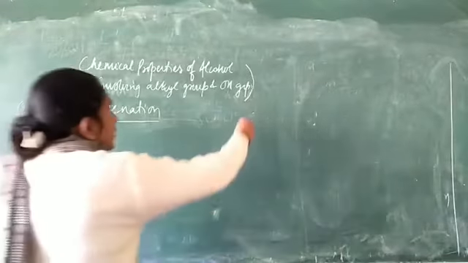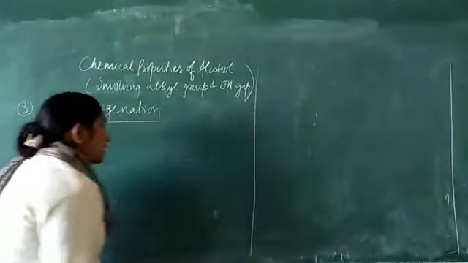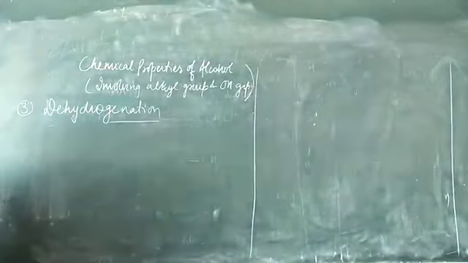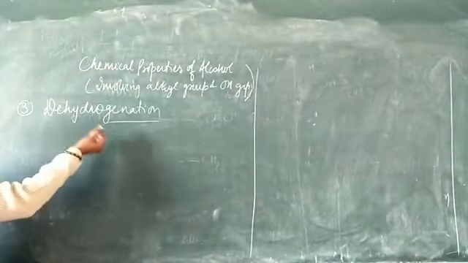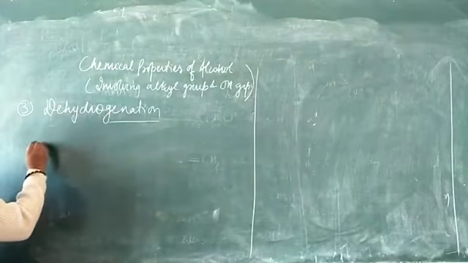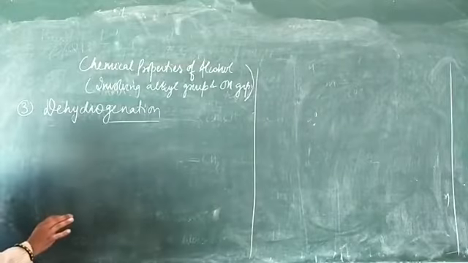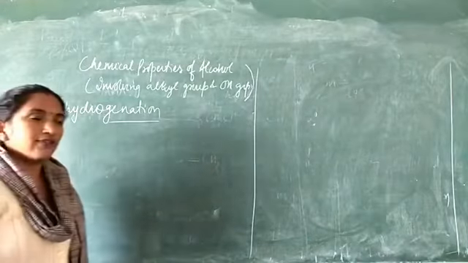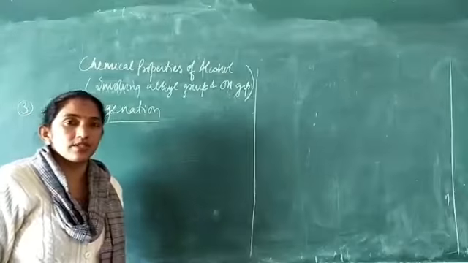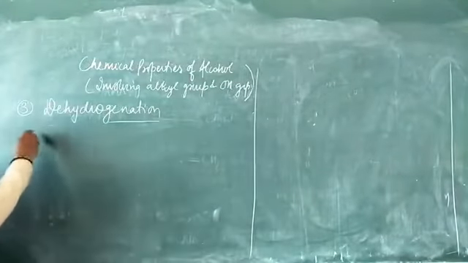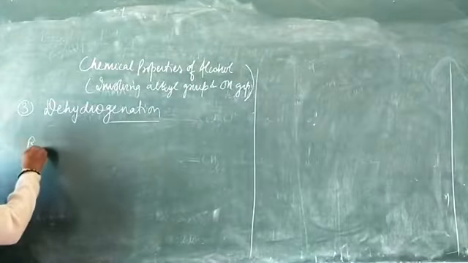We have the next set of reactions where the alkyl as well as hydroxy group will be involved. That is called dehydrogenation reactions. So here also these reactions are carried out, students, at 573 Kelvin temperature in presence of copper powder. Here first we will discuss the case of primary alcohol.